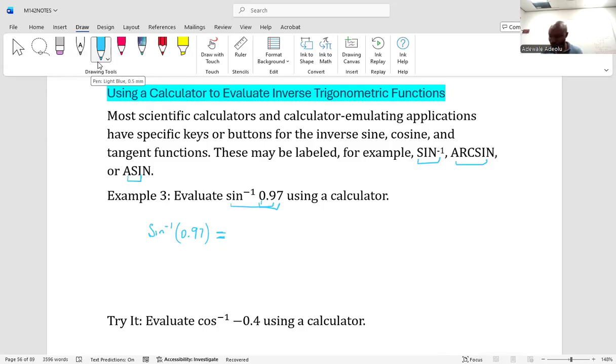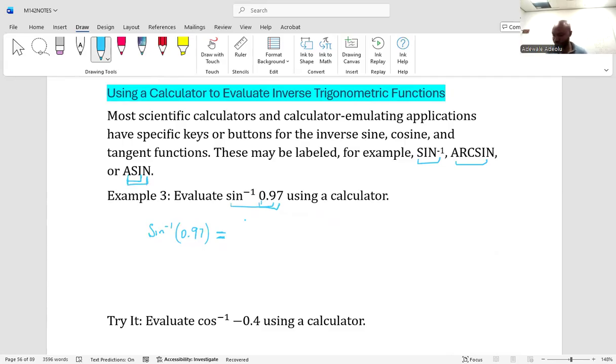Then I do sine inverse. Sometimes you need to look for the second function. Yes, like what I have here, sine inverse. The calculator on my phone is using this style, asin, which is the same thing.